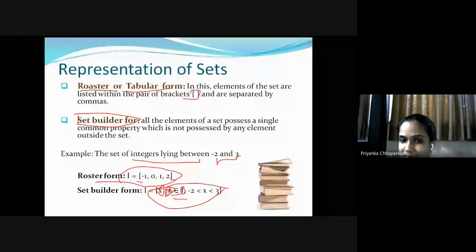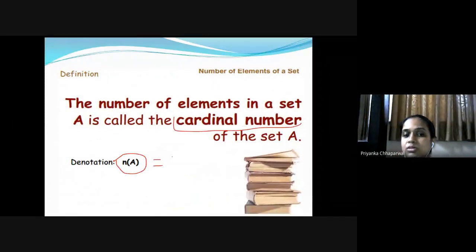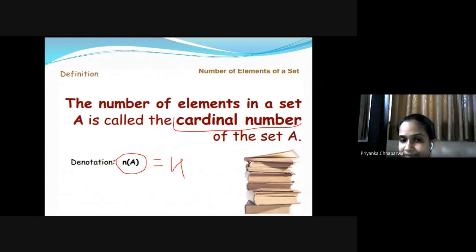We have 4 elements: 1, 2, 3, 4. It is denoted by n(A). So in the last example, n(A) is equal to 4. The number of elements in a set A, whatever set you have, is called the cardinal number of the set.